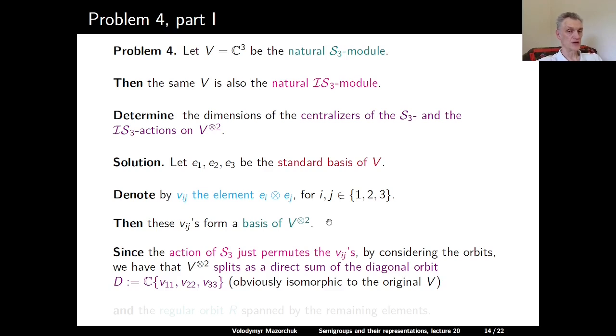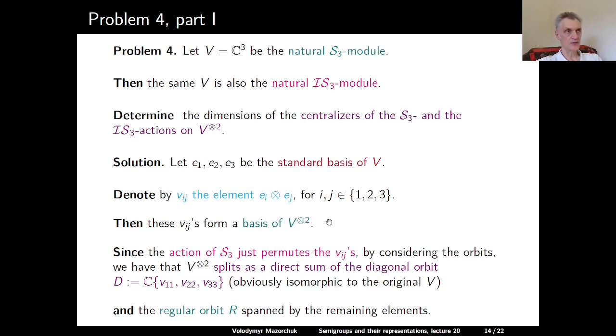We have two orbits. We have the diagonal orbit, which consists of v11, v22, and v33. Let us denote by D its linearization, so the subspace spanned by these elements. This is obviously a submodule of V to the tensor power 2, and it's obviously isomorphic to the original V. And then we have the orbit consisting of all remaining elements, v12, v21, v13, v31, and v23, v32.